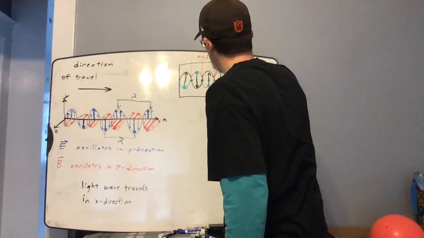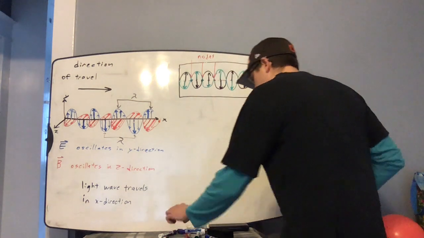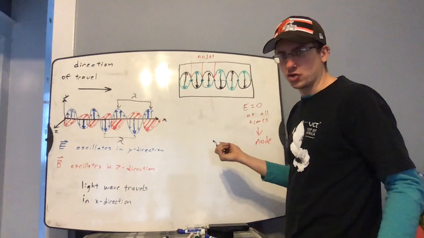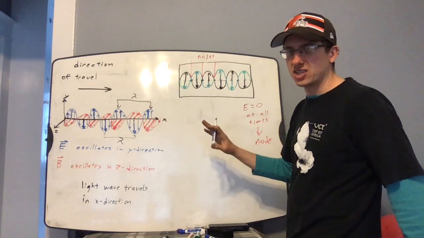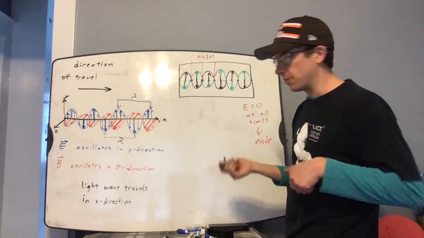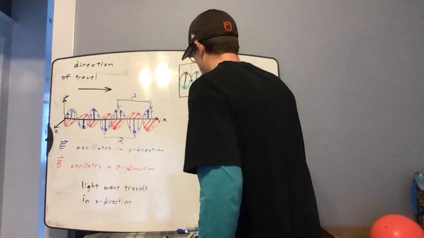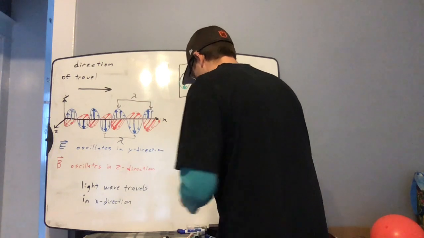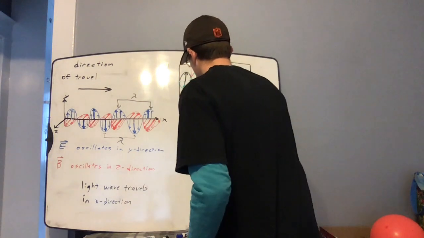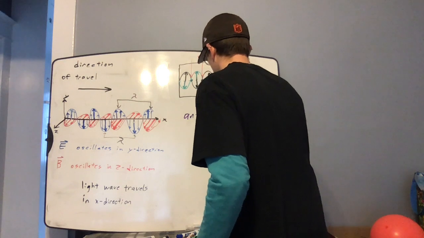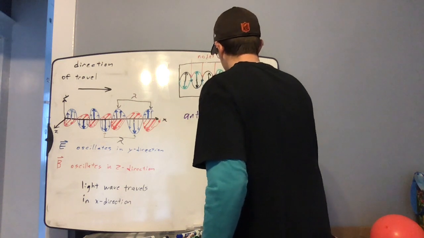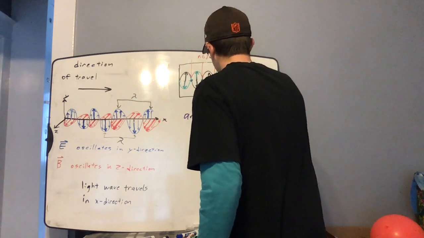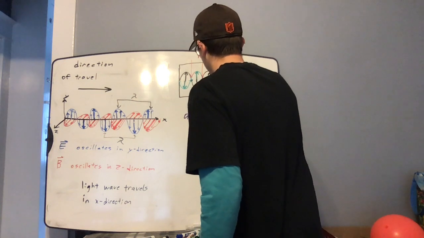These are the nodes. And the antinodes would be the locations where the electric field is up at maximum or down at maximum, at its greatest absolute value. So these would be the antinodes. So antinodes would be right here, right there, and right there.